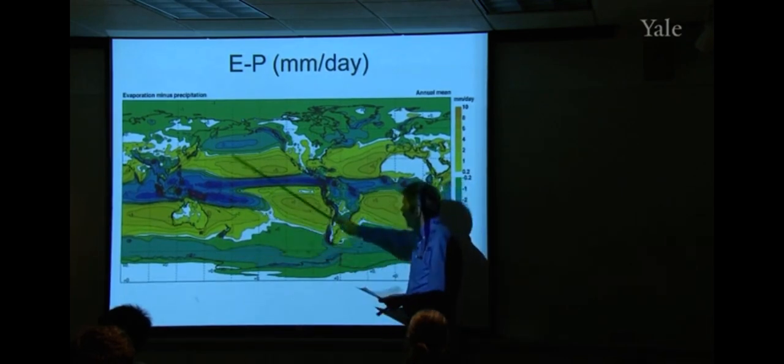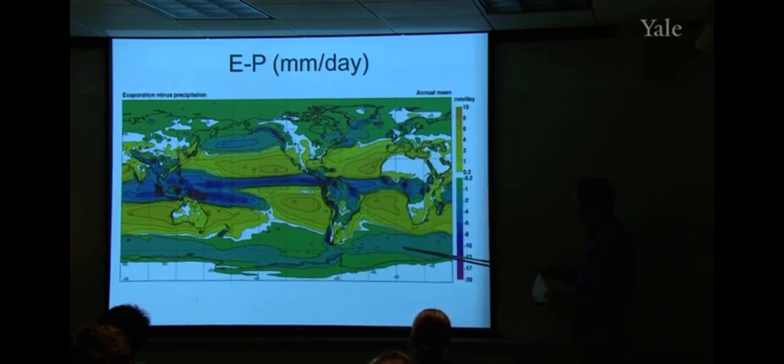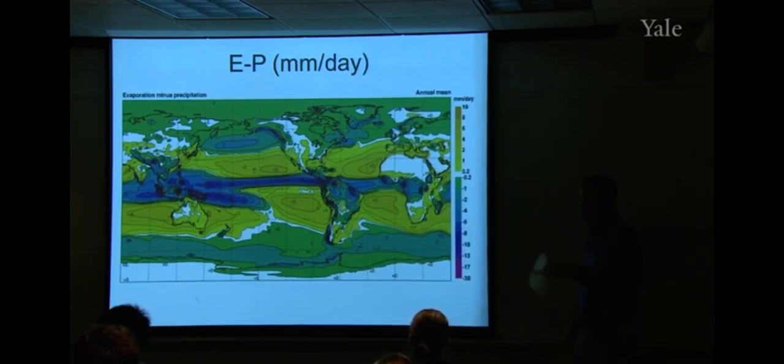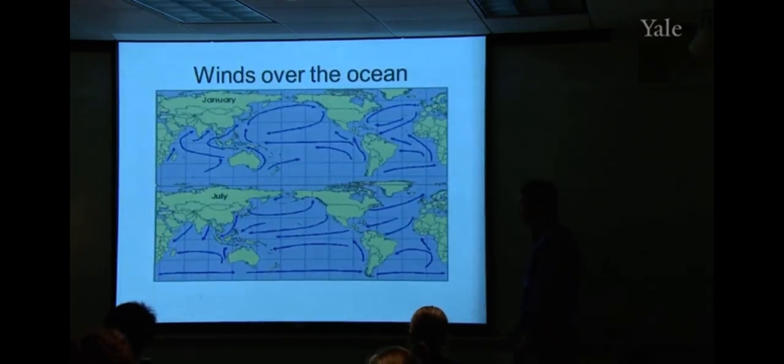Then you get up into mid-latitudes again where it's colder, there's less evaporation, but you have the frontal storms, and once again you're getting an excess of precipitation over evaporation. So this is driving motions in the ocean as well. And then the final one is the winds over the ocean, which change a bit with the season.